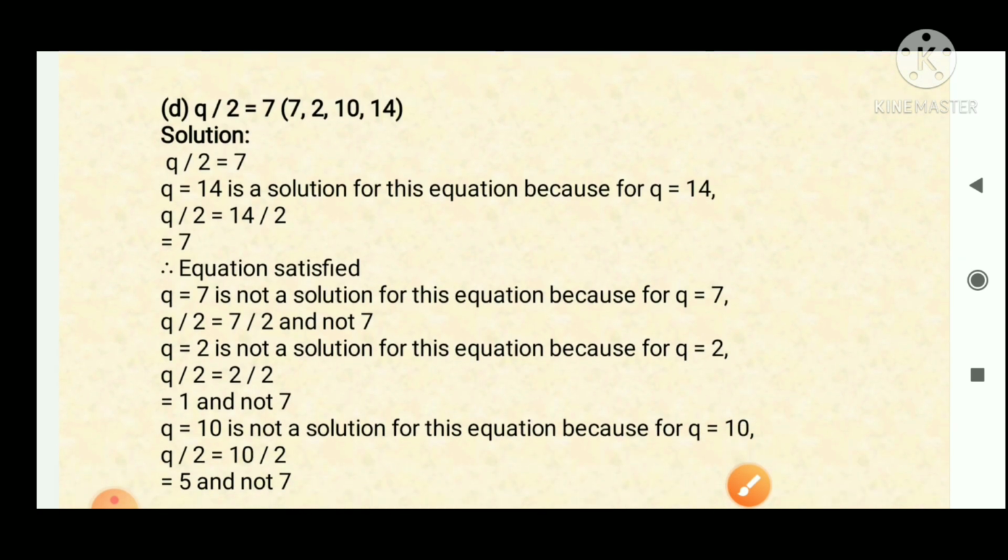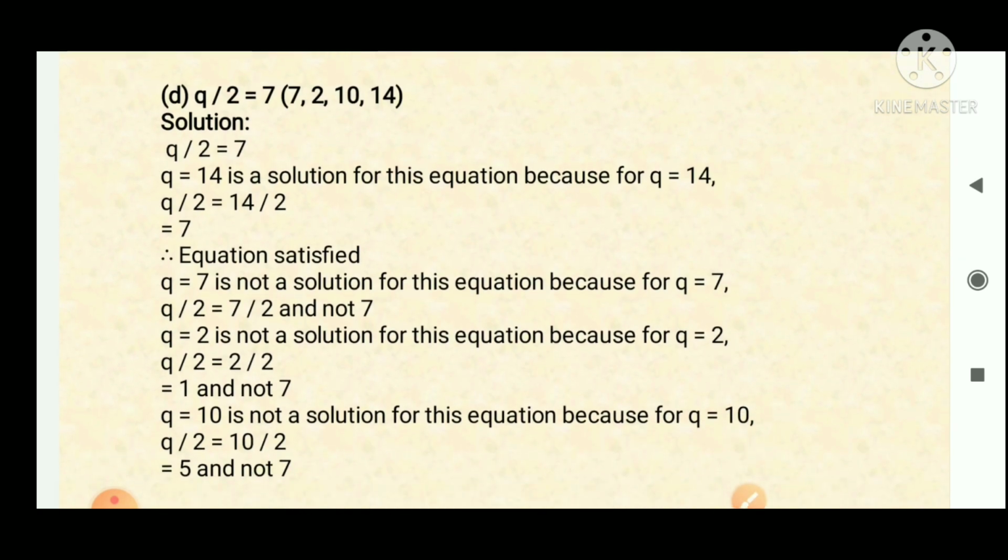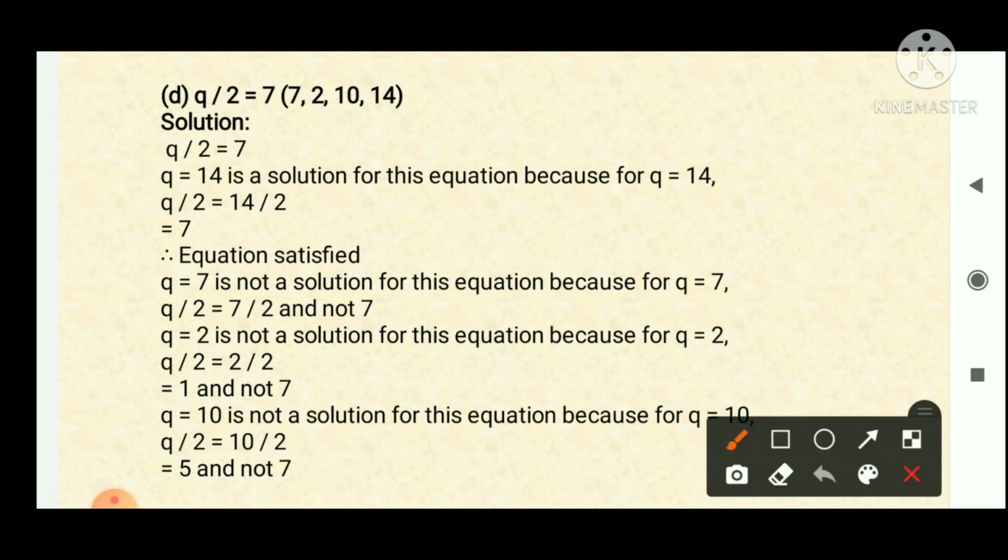Next equation, q upon 2 is equal to 7. Now here the left hand side of this equation is q upon 2. Now we put the value of q is equal to 7. So here 7 upon 2, but here the right hand side is 7, which is not equal to the right hand side.